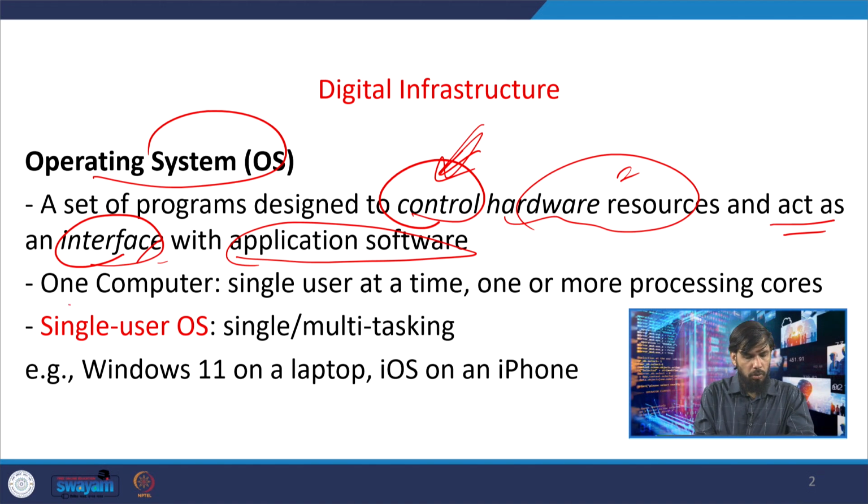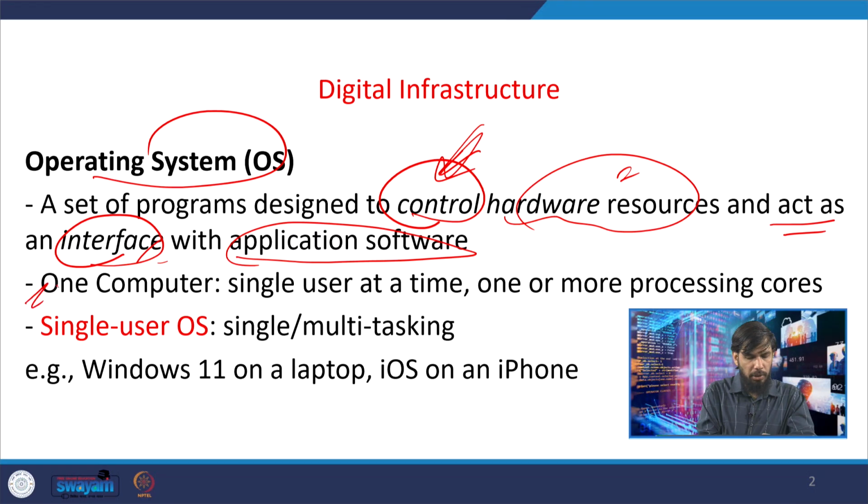Now there are multiple scenarios that we can consider under operating system, because there are so many different variants of operating system, and each one of them might cater to different sorts of scenarios. So, let us consider them one by one.